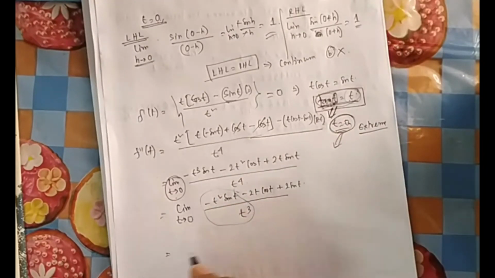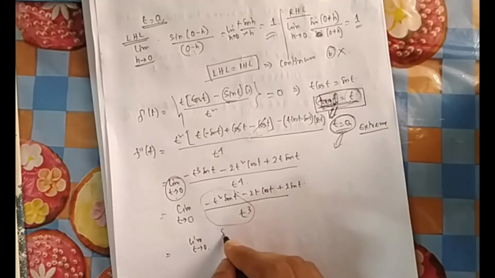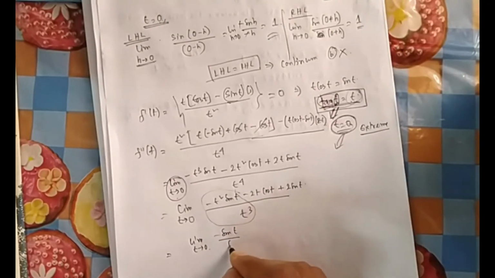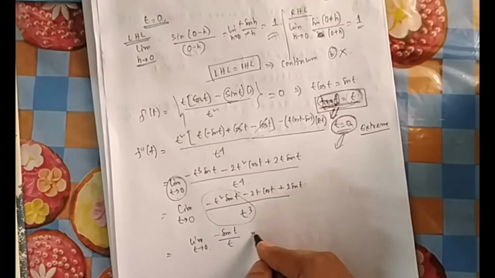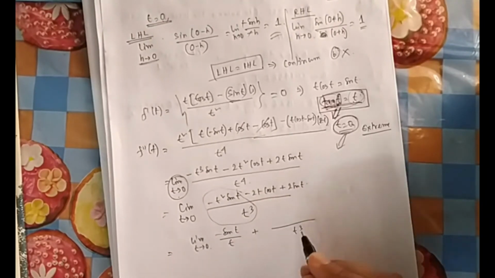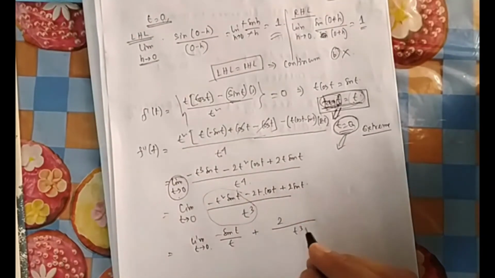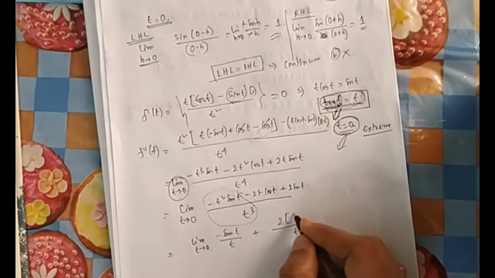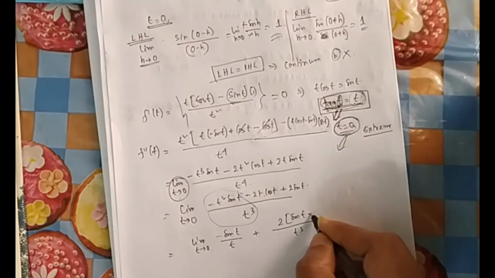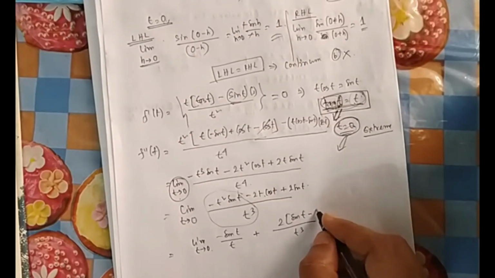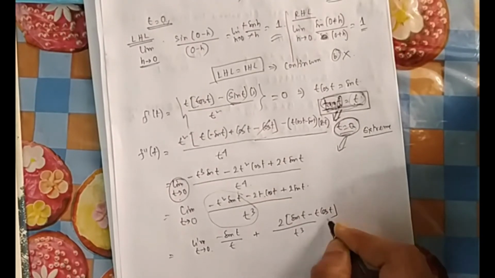Now this is easy. In the limit, I can segregate it into two parts. This is minus sin t by t, t square by t, and this part you keep separate because this part will give an error. If you put 0, then it is 0 minus 0 by 0, so it becomes undefined. If it is in 0 by 0 format, then one thing we can do is L'Hospital rule.